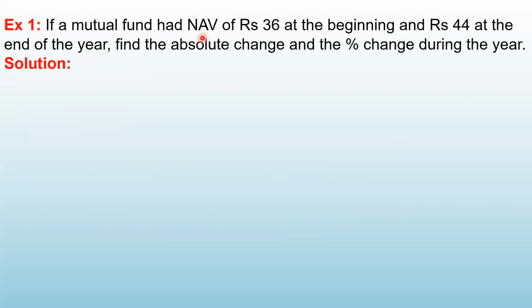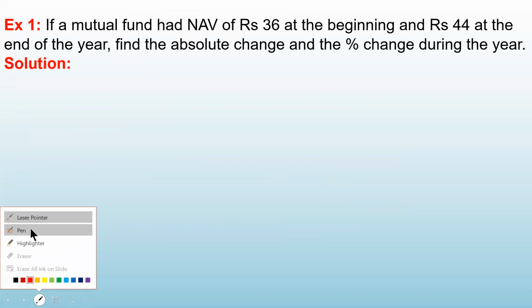If a mutual fund had NAV of rupees 36 at the beginning and rupees 44 at the end of the year, find the absolute change and percentage change during the year. So what is the absolute change?